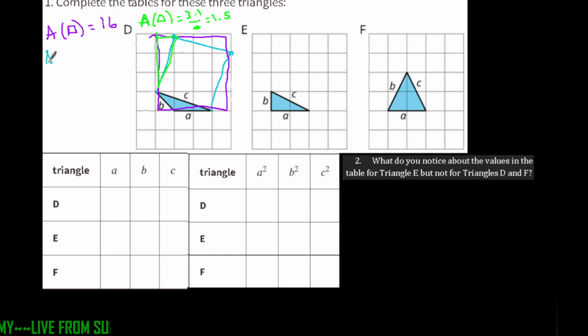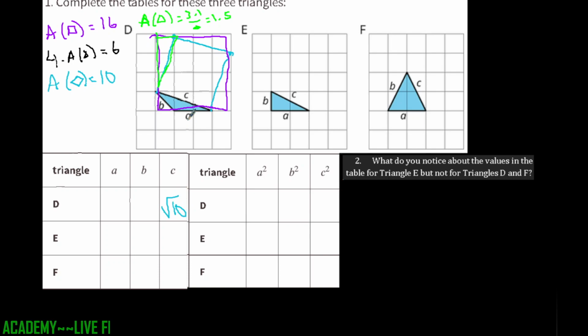So 4 times the area of a triangle is going to be equal to 6. So the area of my tilted square is going to be 16 minus 6, which is just 10. That means the side length of this tilted square, side length C, is the square root of 10.